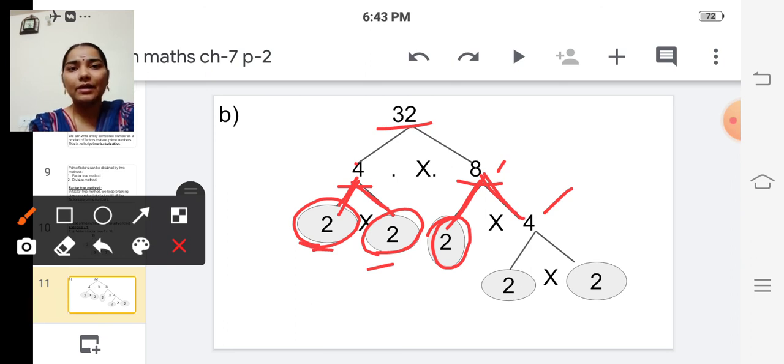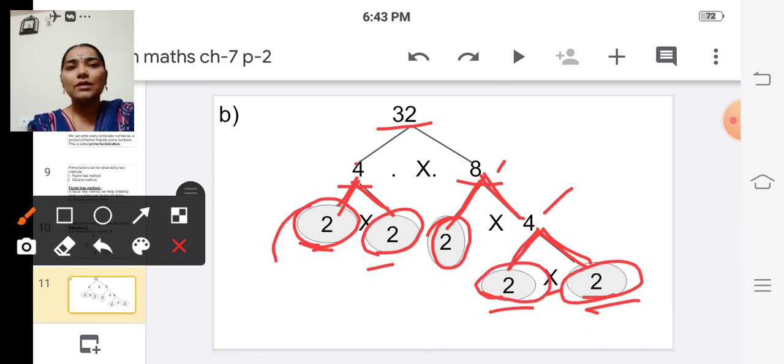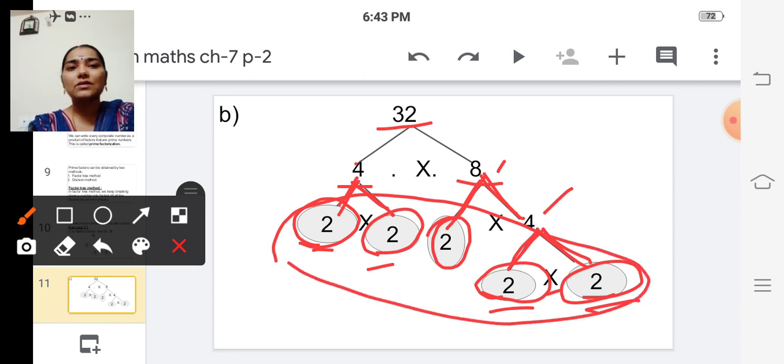So we have to break down 4 into its factors. 4 can be written as 2 2s are 4. So 2 into 2. Here also we got the prime factors. So all the factors are prime numbers. This is called prime factorization, and this method is called factor tree method.